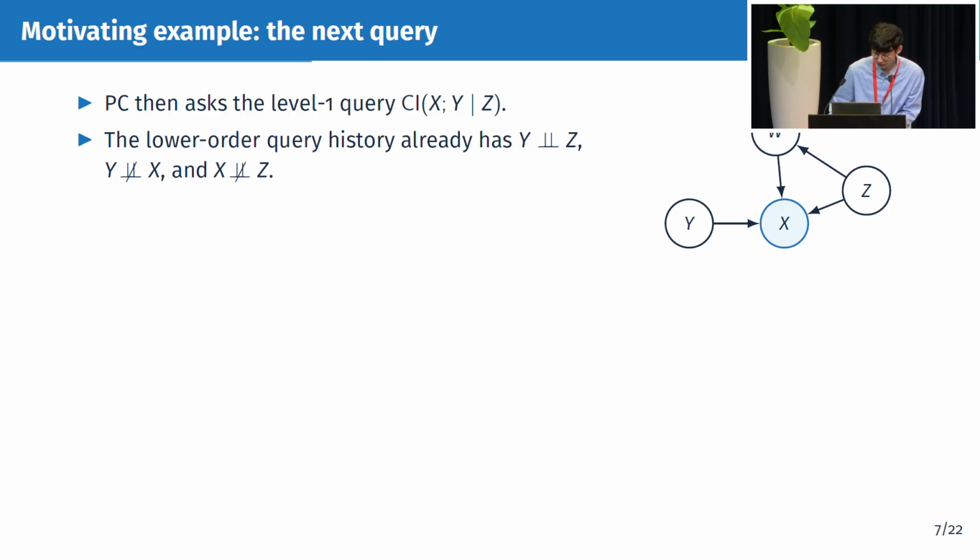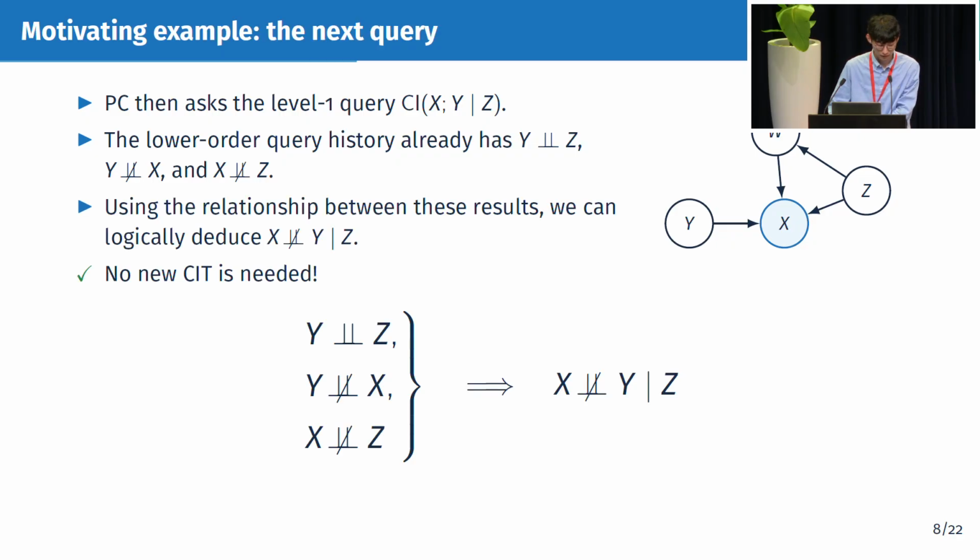Now PC moves to the level 1 queries, and right now, the algorithm is about to ask whether x and y are independent given z. But before actually running the new test, look at what we already know from the previous test results. We already have all three relations shown here. These previous results are not isolated pieces of information.